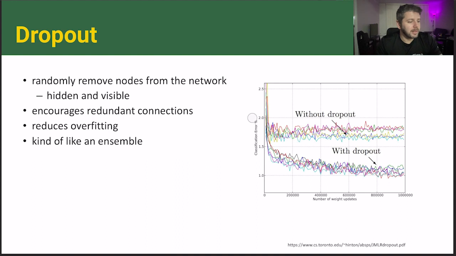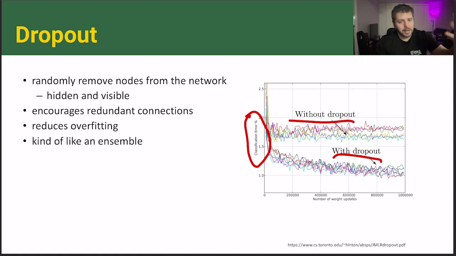So here, if we're looking at classification error on two models, without dropout and with dropout, we can see that when we've applied dropout, as the number of weight updates increases along the x-axis, we actually have less classification error compared to without. So not only are we avoiding overfitting, we're actually helping the ability of the model by forcing it to concentrate on more generic concepts that are more useful for learning. We actually have a better result overall.